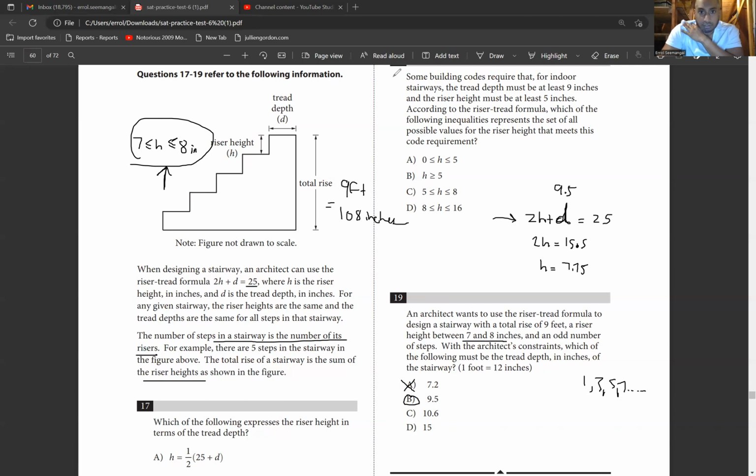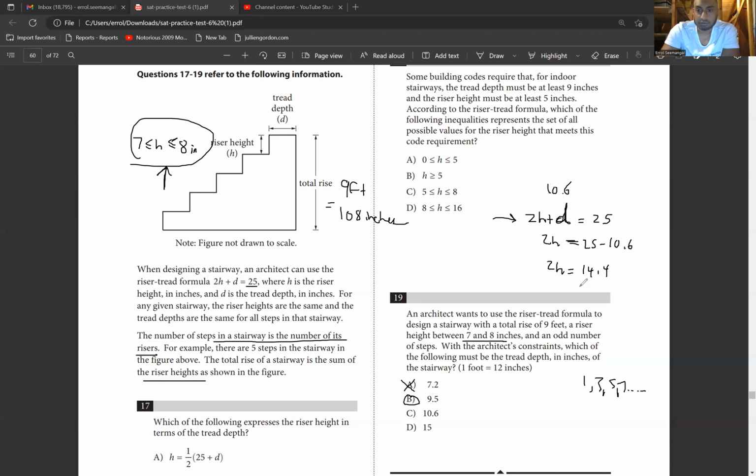Now let's try 10.6. If we plug in 10.6 for D, 2H equals 25 minus 10.6, which is 14.4.